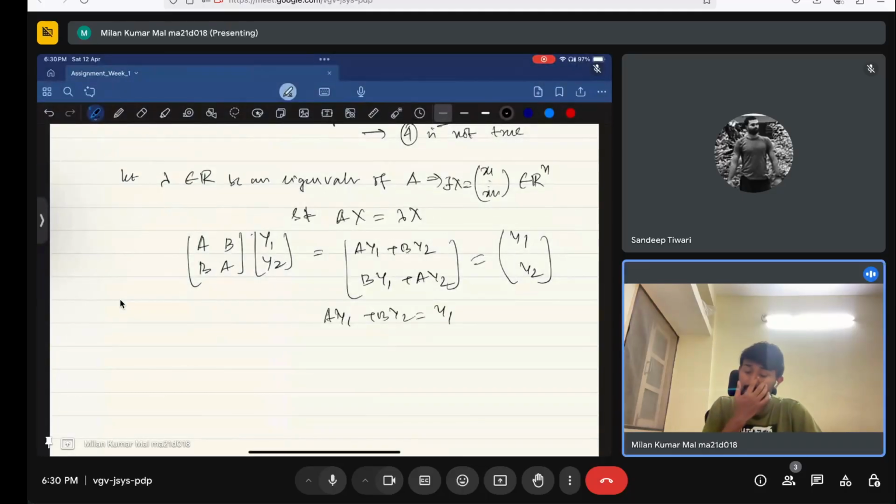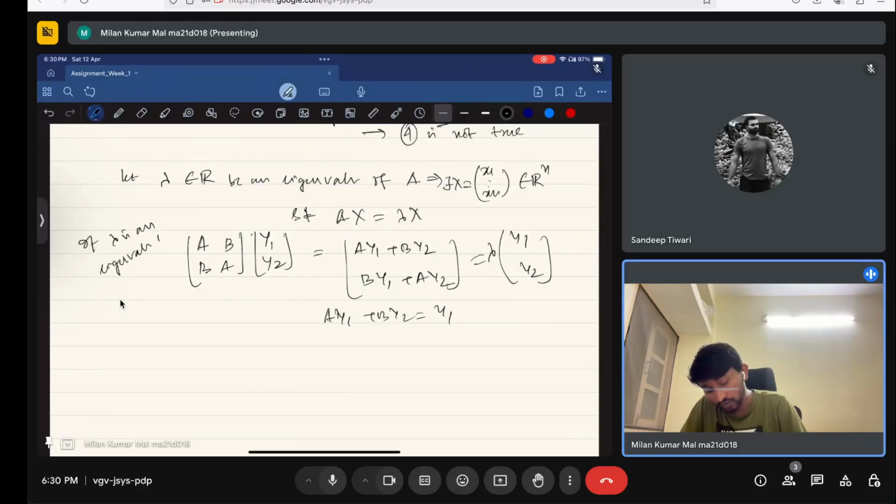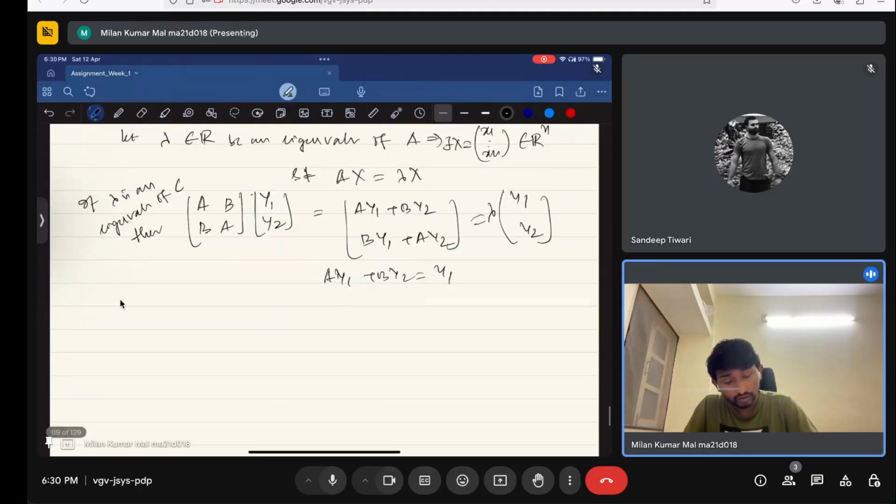If lambda is the eigenvalue of A, and if lambda is an eigenvalue of C, then we should have this equal to lambda.